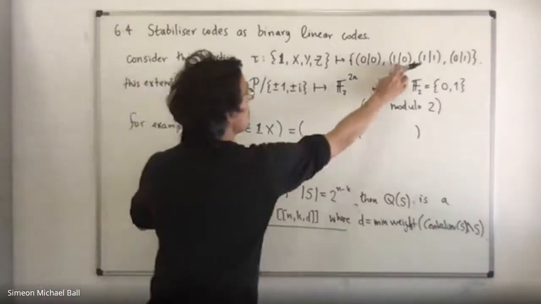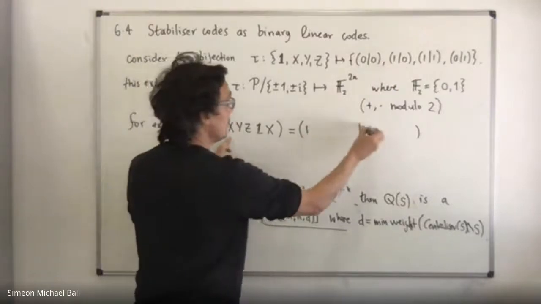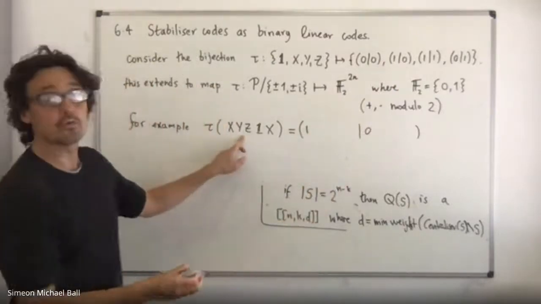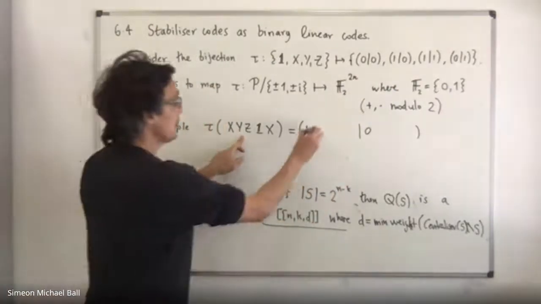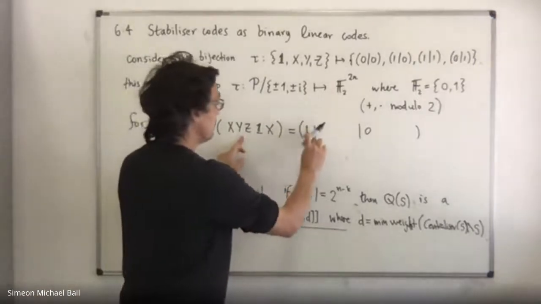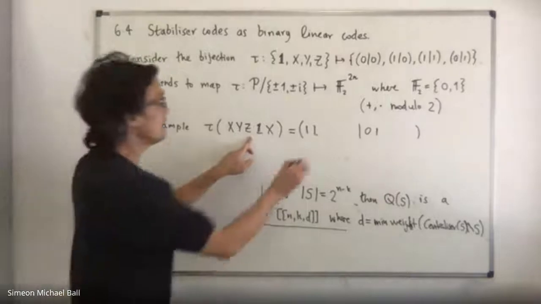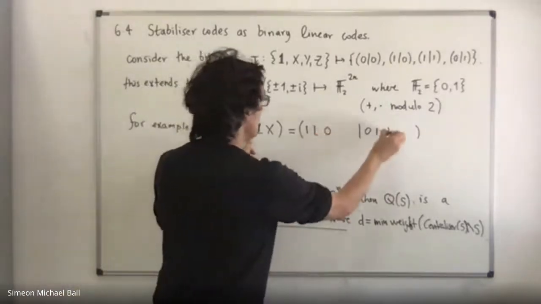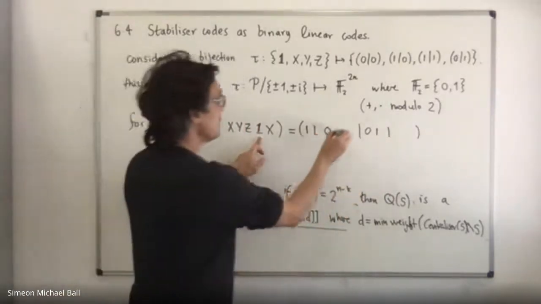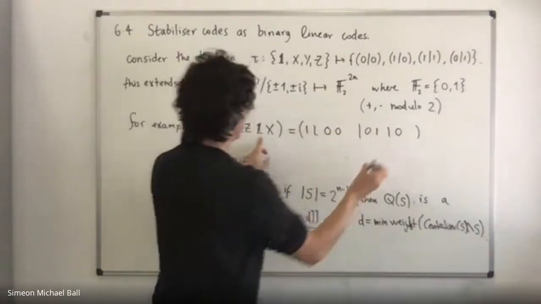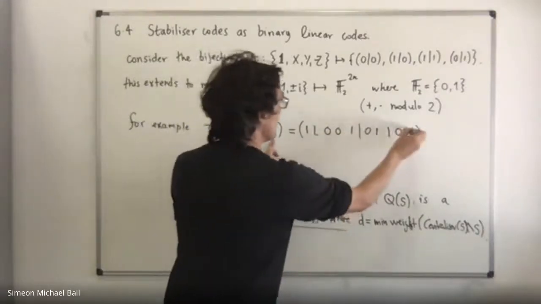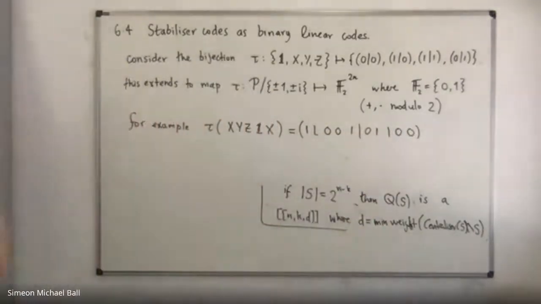The x goes to 1, 0, so I write 1, 0. The y goes to 1, 1. The z goes to 0, 1. The 1 goes to 0, 0. And the x goes to 1, 0. Okay, so this would be the image under tau of the Paulis.